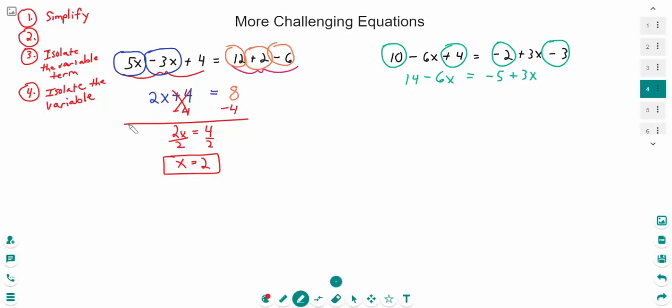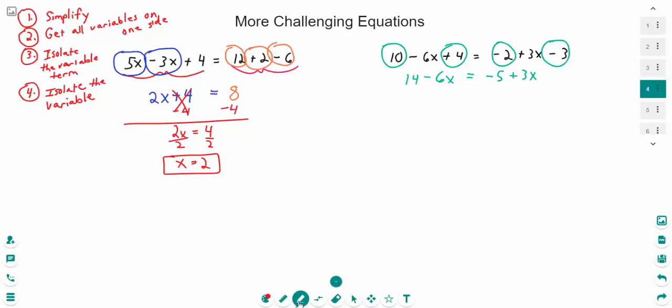So that brings us to step 2, which would be get all variables on one side. Okay, that's step 2. So we simplified. Now the step 2 is to get all the variables on one side.